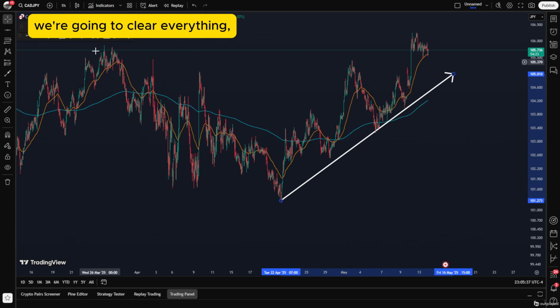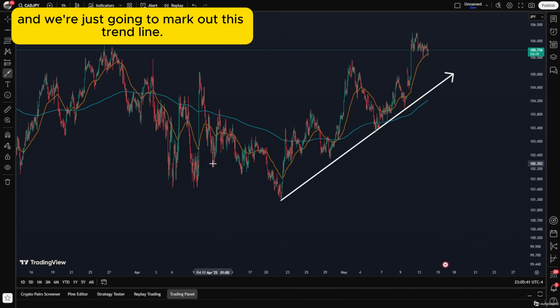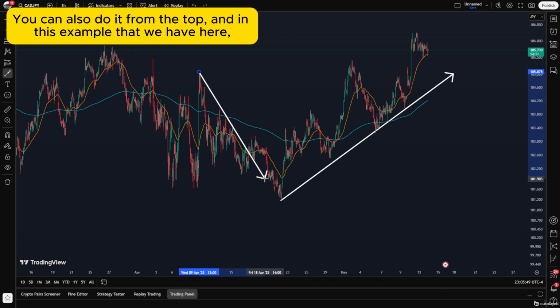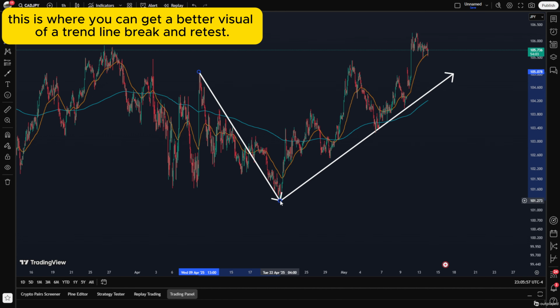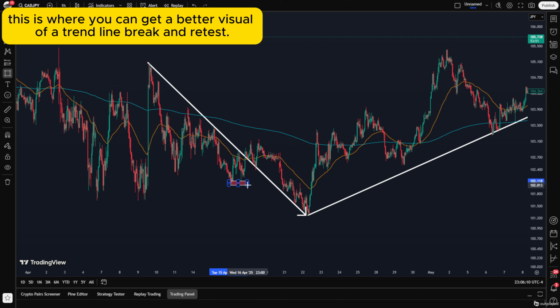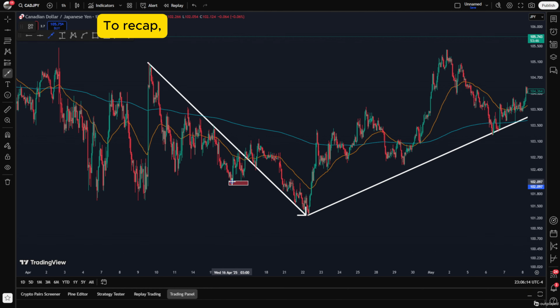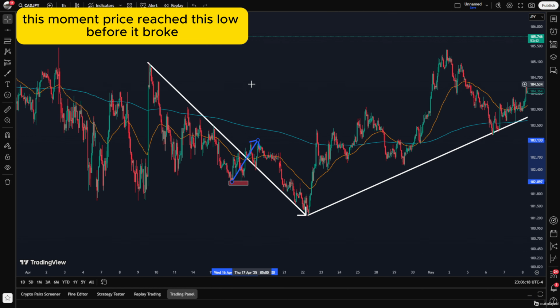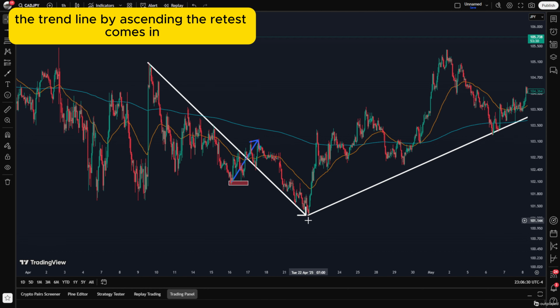We're going to clear everything and we're just going to mark out this trend line. You can also do it from the tops. And in this example that we have here, this is where you can get a better visual of a trend line break and retest. To recap this moment, price reached this low before it broke the trend line by ascending.